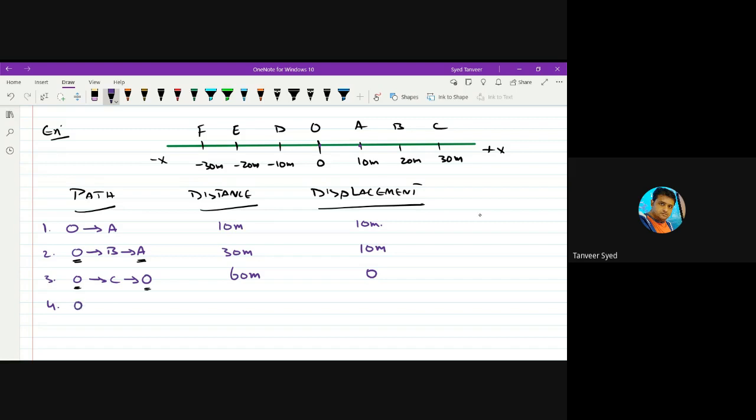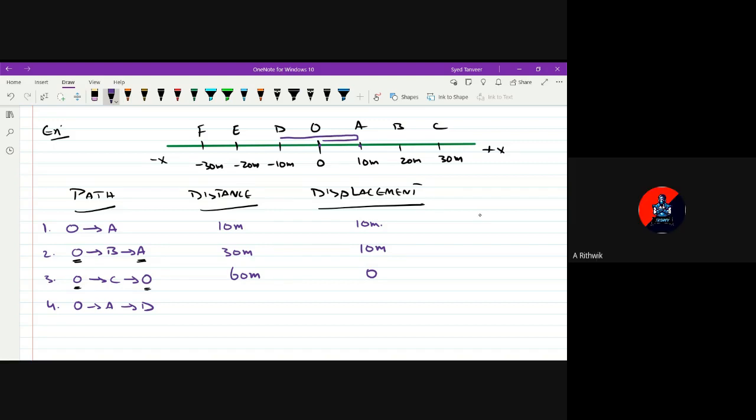Body starts from O, goes to A, then goes to D. Distance covered is? Distance can never be zero if a body moves. O to A is 10 meters, A to O is another 10, then O to D another 10.